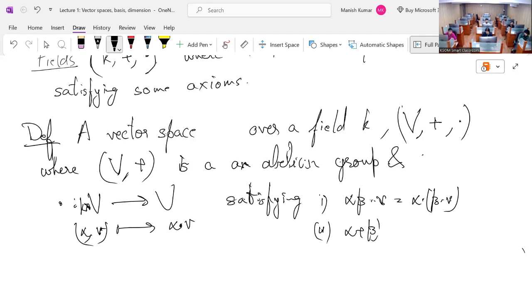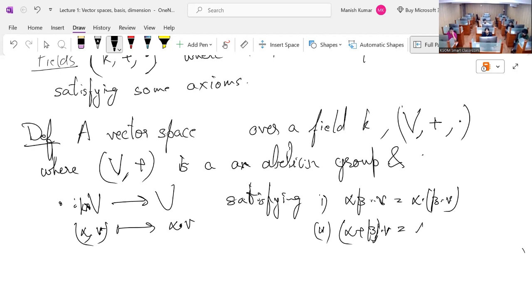We are using the same notation for plus and the same multiplication as in the field, but from the context you can figure out whether it's a multiplication of a scalar on a vector, or a multiplication in the field.